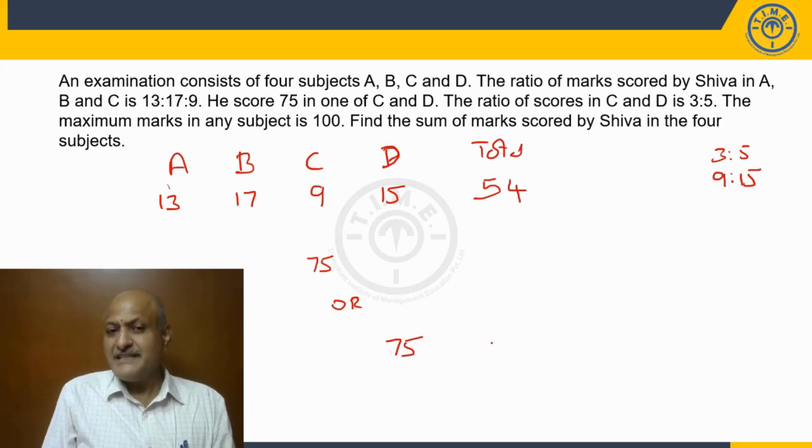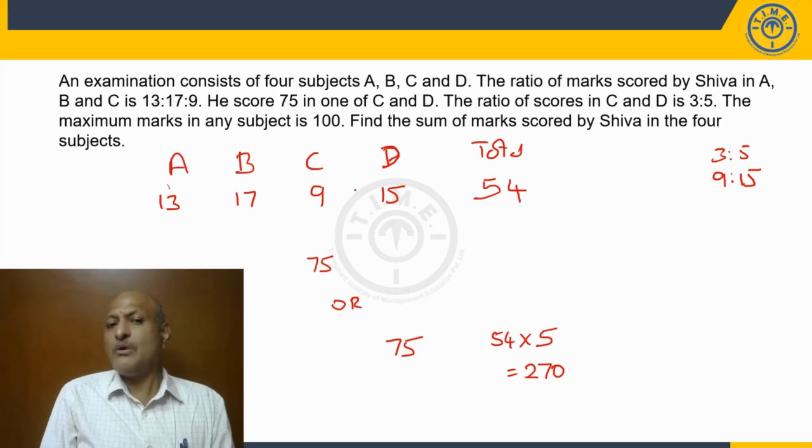So in that case, the total score is 54 into 5. This is 250 plus 20, that is equal to 270.